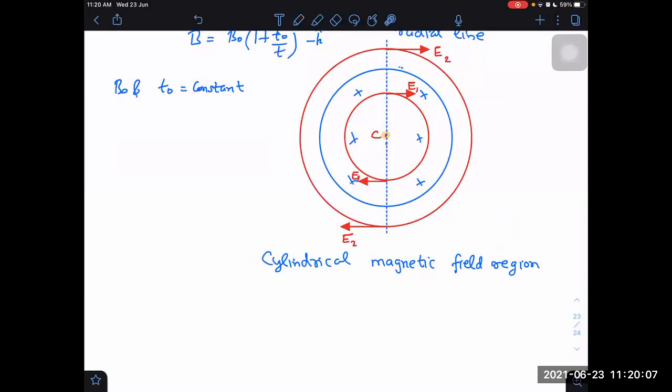This is very much opposite to what we said before, what we used to say in electrostatics. In electrostatics, we used to say that electric field lines never form closed loops. So it is just the opposite of that.